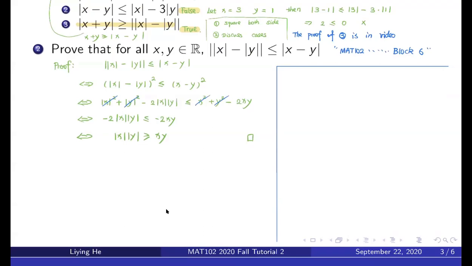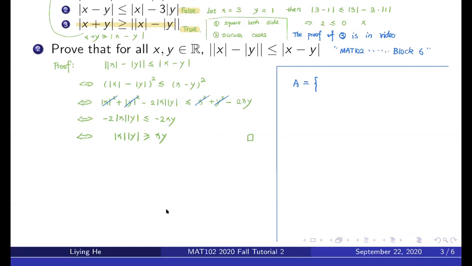Element means, let's say we have a set A. Wait, why can't I write it? Interesting. Okay, right now, let's say we have a set A, which has some elements in there.